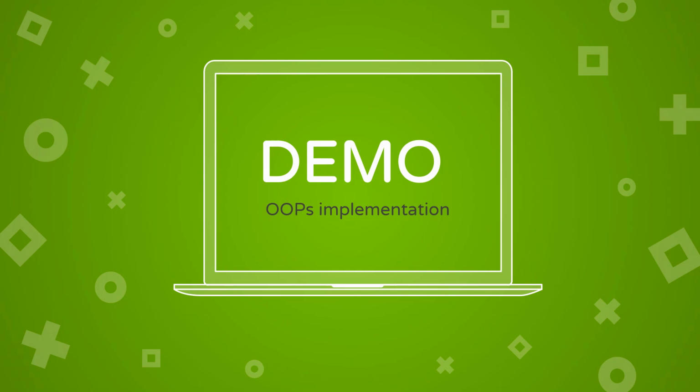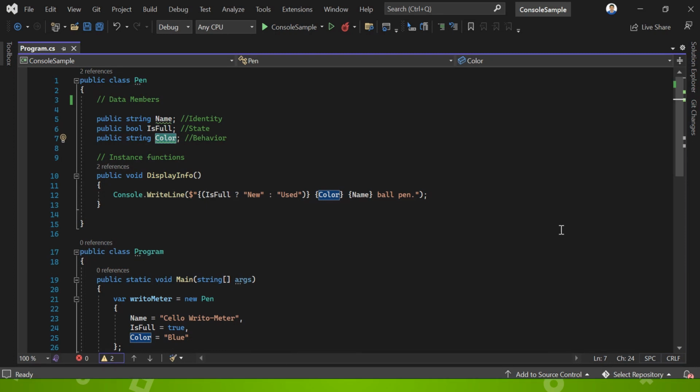So far we discussed objects theoretically, so it's time to check this practically. Let's dive into the demo. Here I have created a Pen class which acts like a template for all pen type objects. As we discussed earlier, each object has its own characteristics like identity, state and behavior.